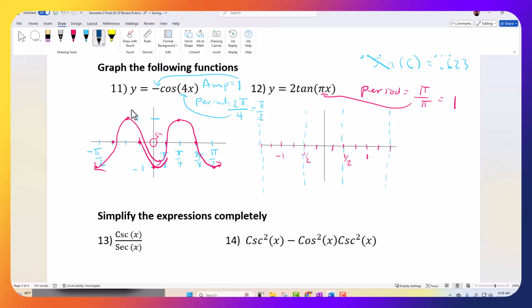And tangents, they like to cross right there in the middle of each one of these each time. And tangents typically go up as they go to the right. If it had been negative, it would go down as it goes to the right. But we're going to end up with something that looks like that, that, and that. Okay, that nice repetition.